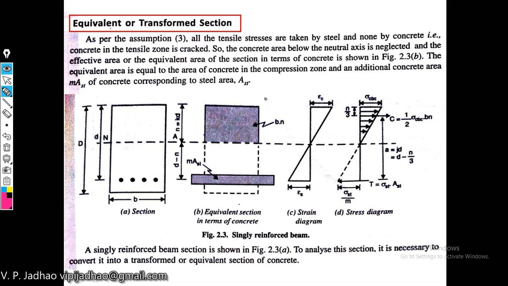It will be equal to the area of concrete in the compression zone and an additional concrete area corresponding to the area of steel. So we will consider the equivalent area equal to the gross area of your concrete plus.